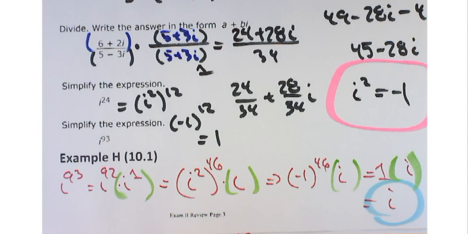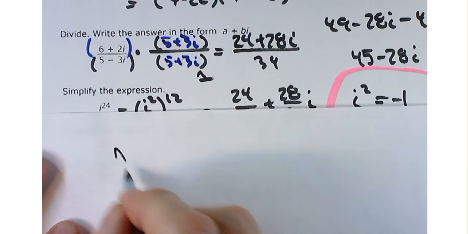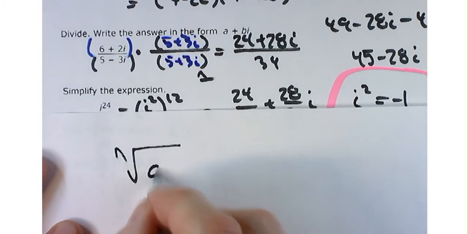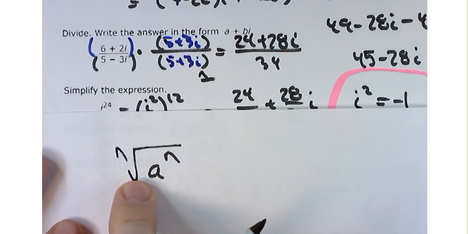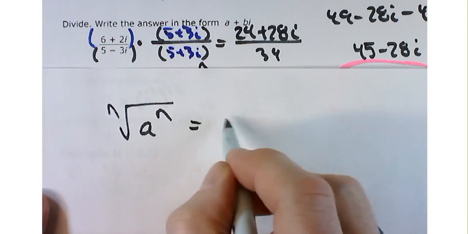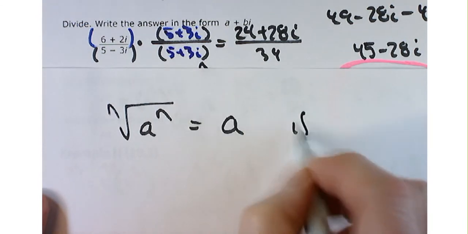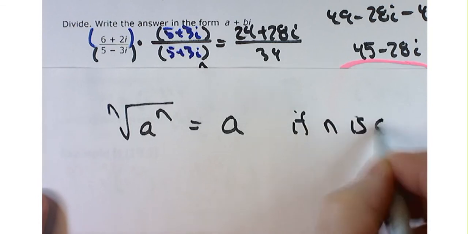Yeah, just a quick reminder. Now, the absolute value is not really going to figure into this test much, but when you have the nth root of some number to the nth power, when these things match, then you'll get just a if n is odd.